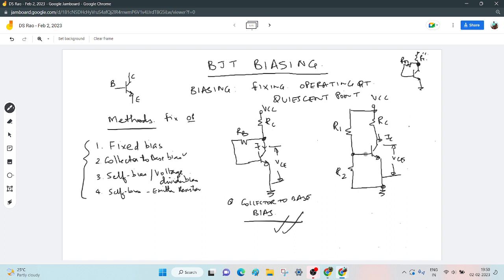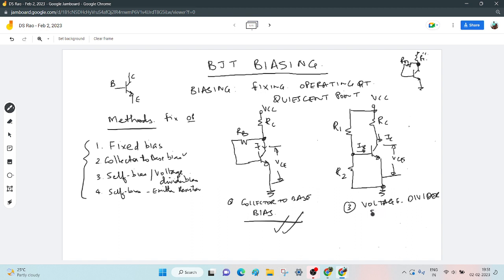This voltage will be connected to the base and a current will flow through this, IB. What is this current? We will calculate later, not now. Here it is a voltage divider. This is the third circuit, voltage divider or self bias.